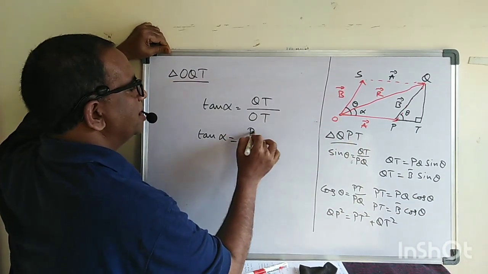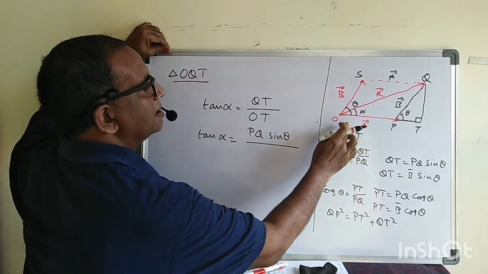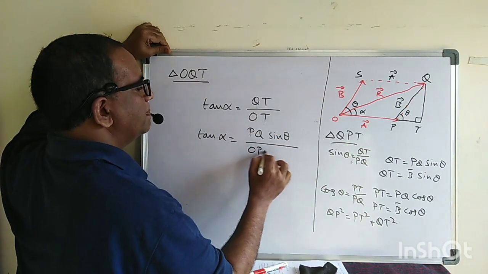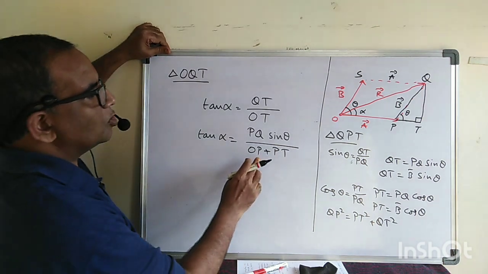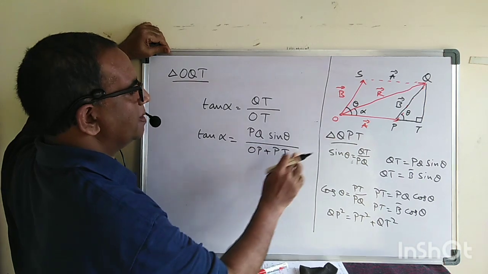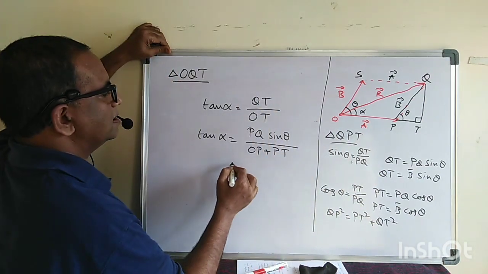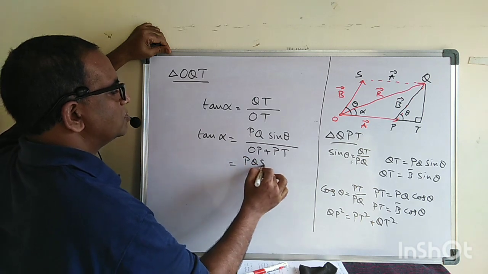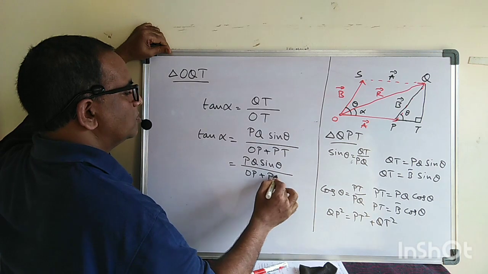QT is nothing but PQ sine theta, and OT is OP plus PT. OP is OP only, and PT is equal to PQ cos theta. Therefore, tan alpha equals PQ sine theta by OP plus PQ cos theta.